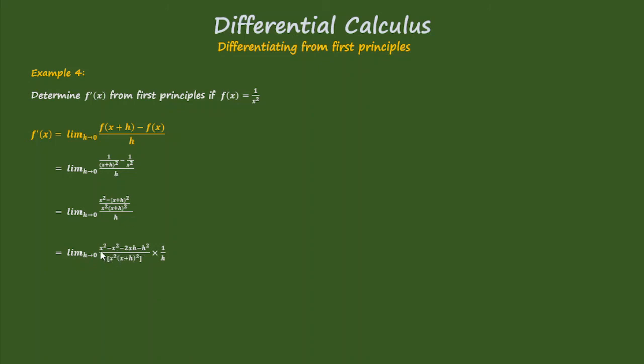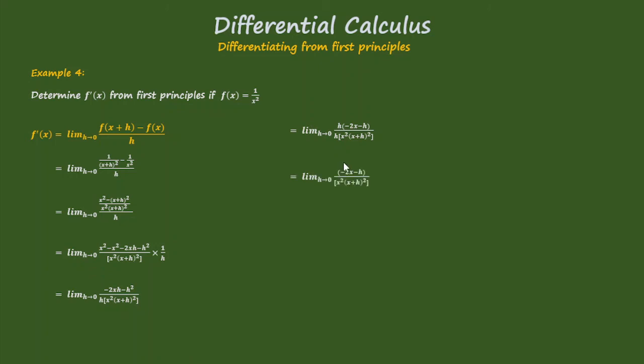Now x squared minus x squared will cancel out. I'll simply be left with minus 2xh minus h squared in the numerator. If you look at the numerator, I can take out h as the common factor. If I take out h as a common factor, the h in the numerator will cancel out the h in the denominator, and then this is what will be left behind.